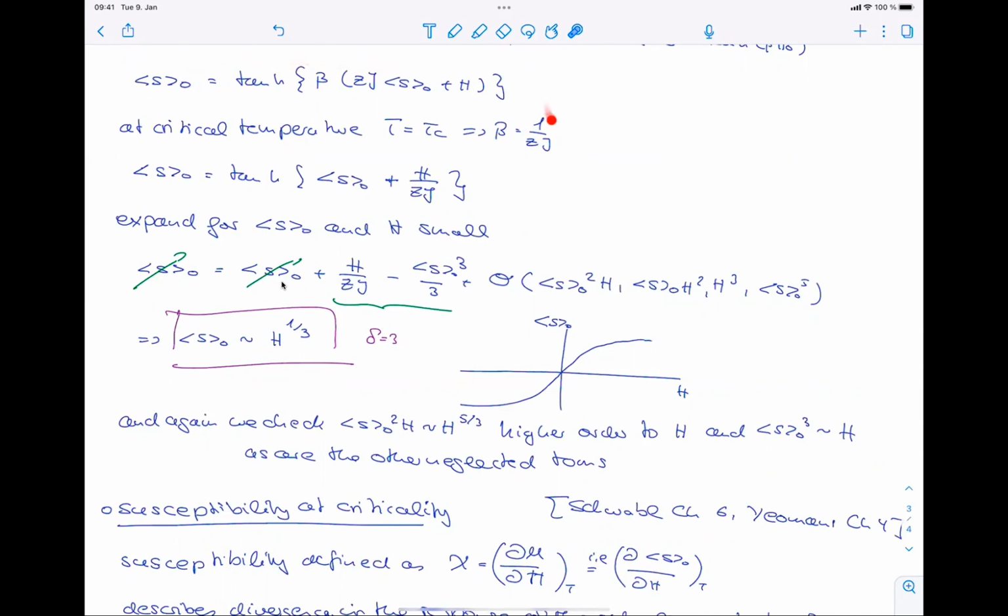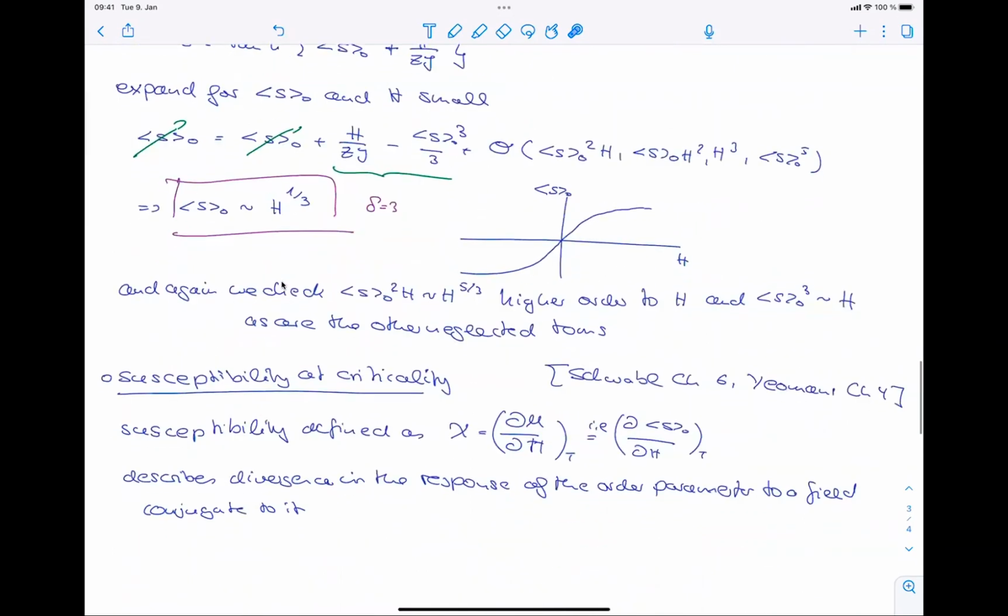So we go back to this equation, and we remind ourselves of the definition of the reduced temperature, which was that we had that as 1 plus T.